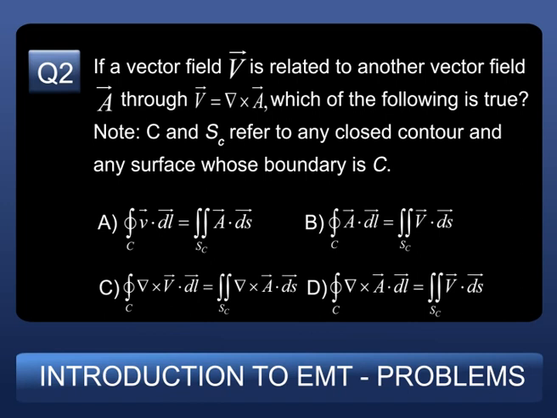Option B, closed C integral of A bar dot dl bar is equal to the double integral over SC of V bar dot ds bar. Option C, closed contour integral of del cross V bar dot dl bar is equal to the open integral over SC of del cross A bar dot ds bar. Option D, closed contour integral of del cross A bar dot dl bar is equal to the open integral over SC of V bar dot ds bar.